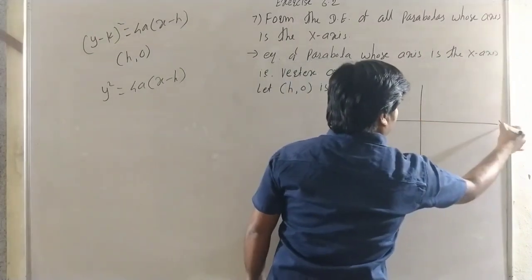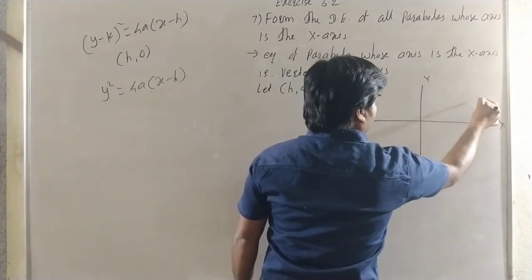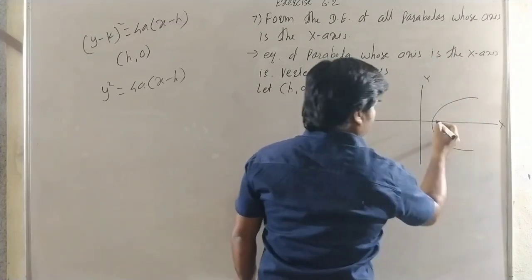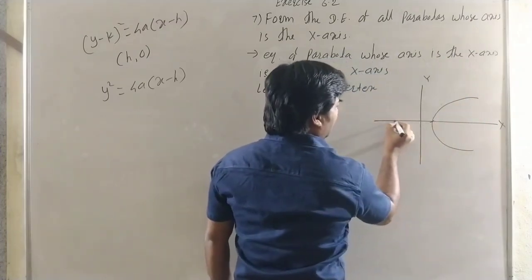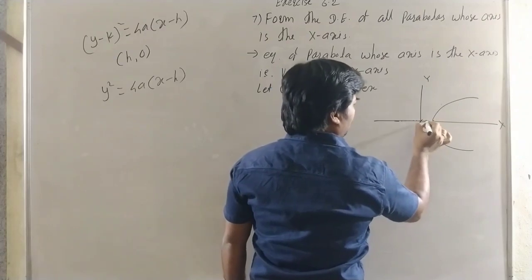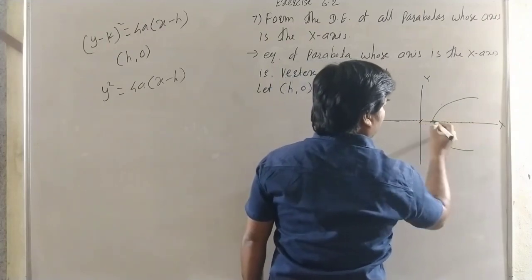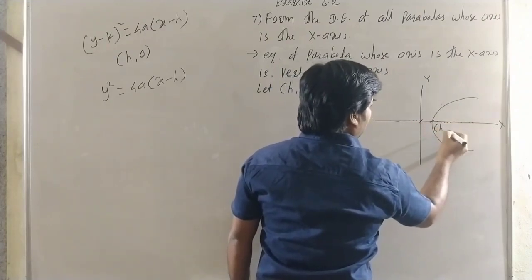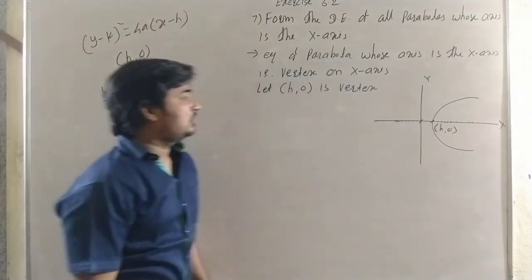Here it is the x-axis, y-axis. The vertex of the parabola is on the x-axis at any point, the origin also. We take it as (h, 0), the vertex.